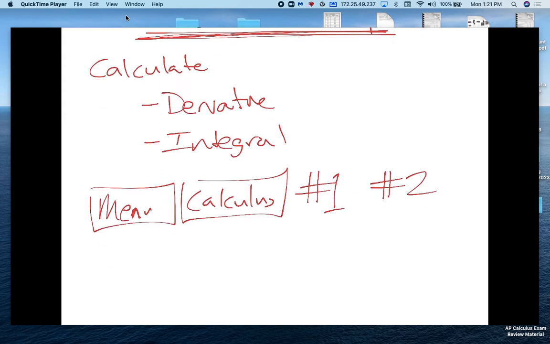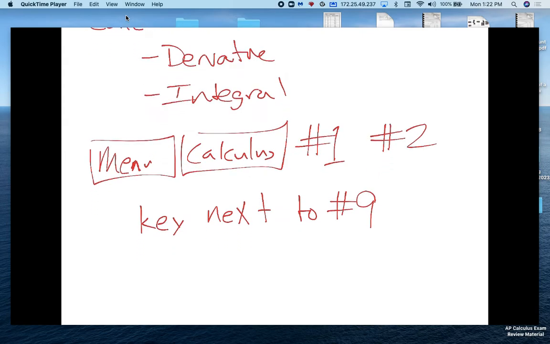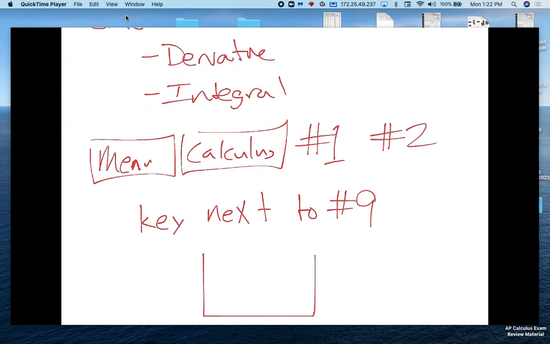But the other thing is you can get to it by the key next to number 9, which looks like this. This is actually a pretty fantastic key. It's got the absolute value, and it's where you could put in a piecewise function.